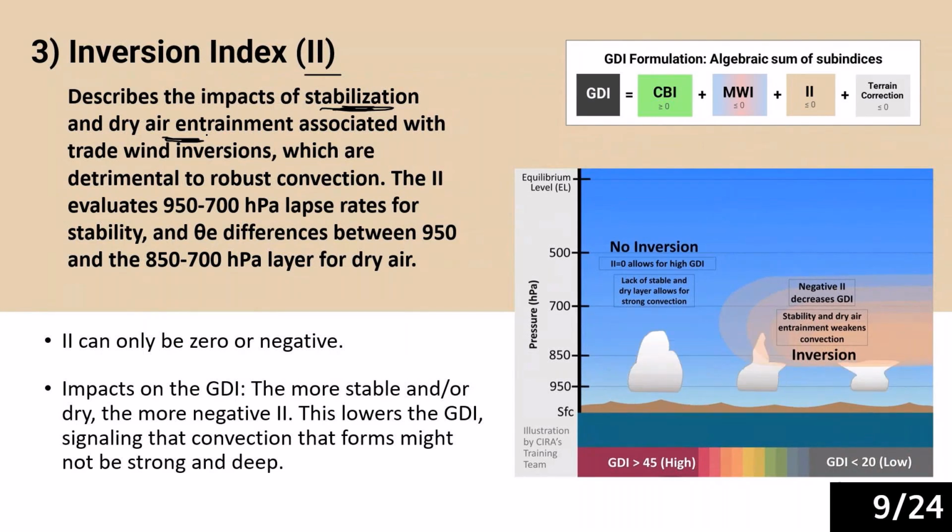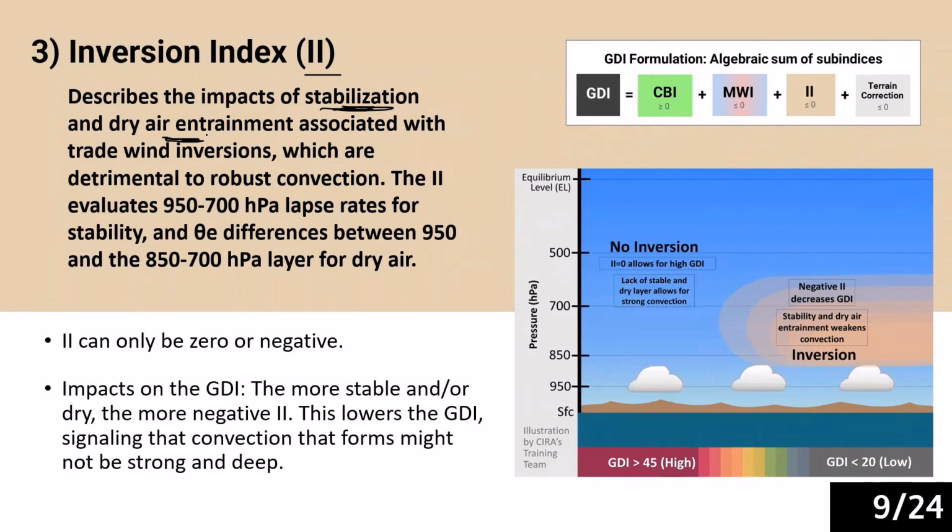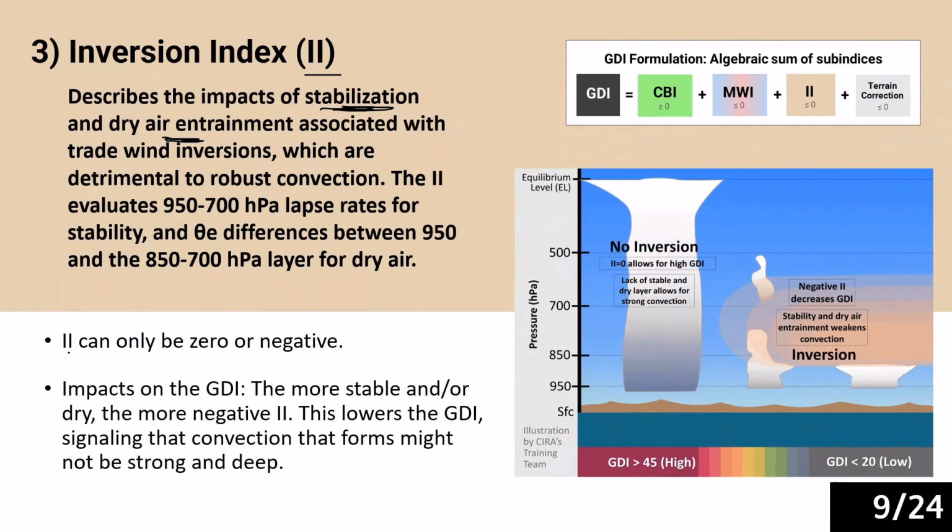For example, in the Caribbean, in the southern U.S., particularly in the warm season, Central America, these inversions are very, very prominent, very important, and they play an important role in modulating the type of convection you're going to get that day. All right, so this index can also only be negative, so it will limit the GDI. And whenever you see really low values of GDI, it usually comes from the inversion index. The inversion index plays a very important role in lowering the GDI.